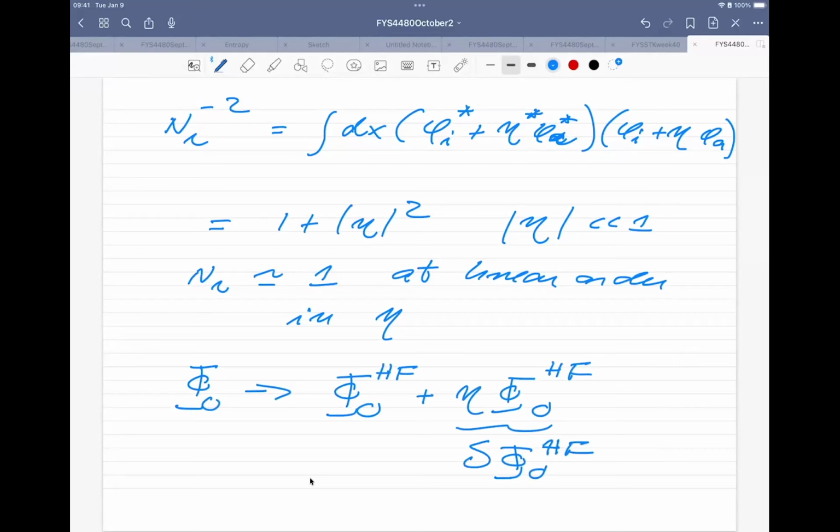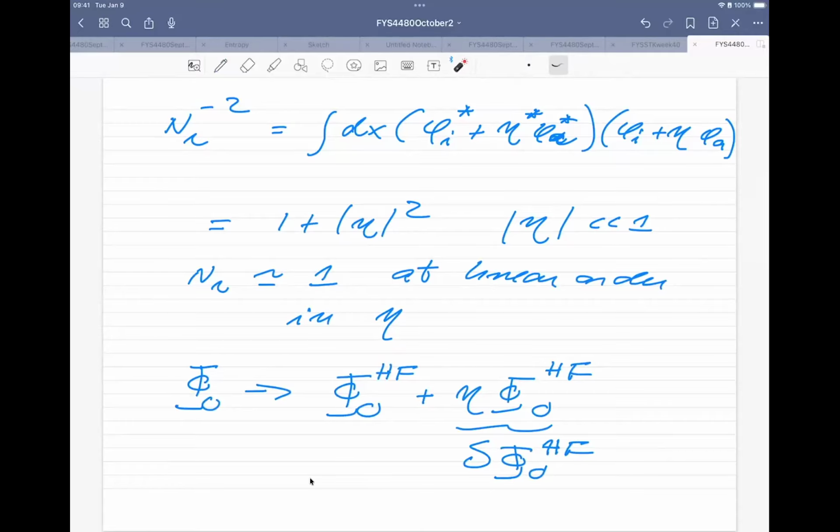This eta in the previous case was just a constant in front of a single particle state, but we are using the same constant for the total many-body state. So phi 0 is a many-body state, and I'm just putting Hartree-Fock here to introduce the Hartree-Fock naming.